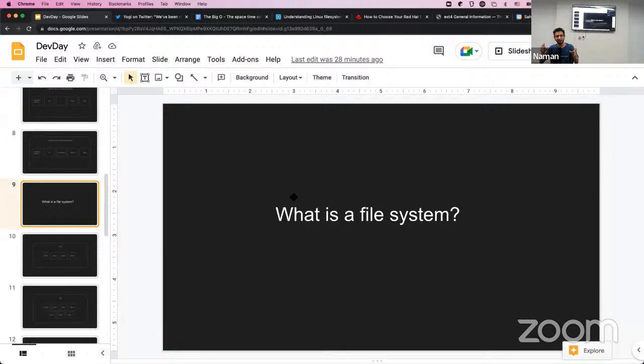So I'm asking about the mapping between these two. We have a disk with different bits, and we have our application, which is going to send a command to the operating system saying this is the file name and this is the data that I want to write. So how do you think this mapping happens?